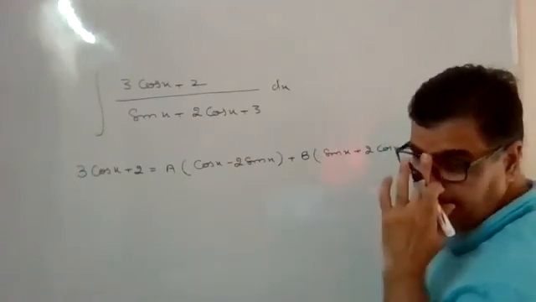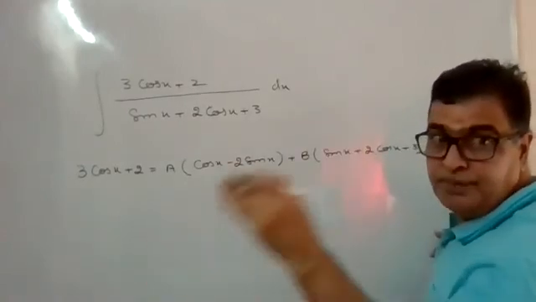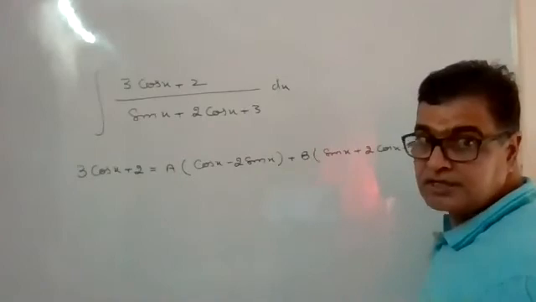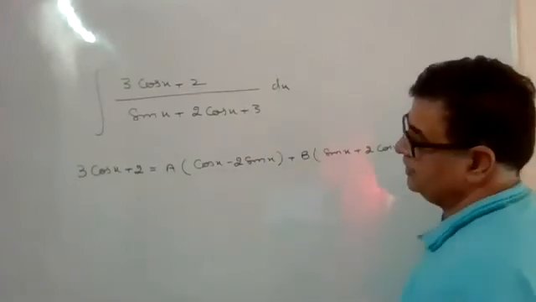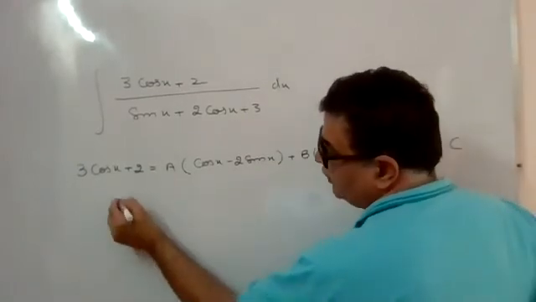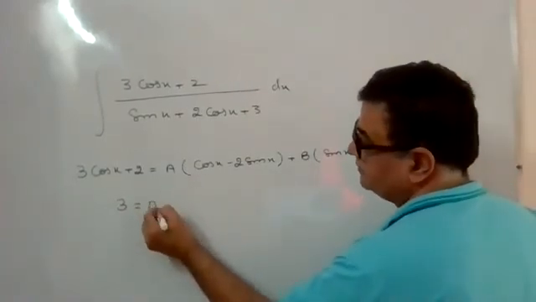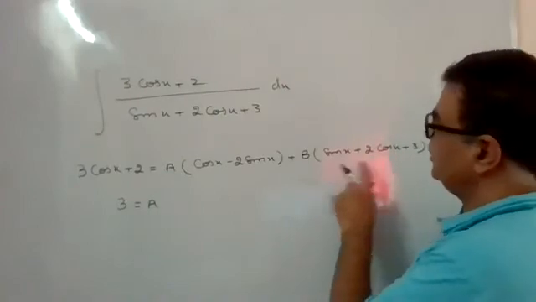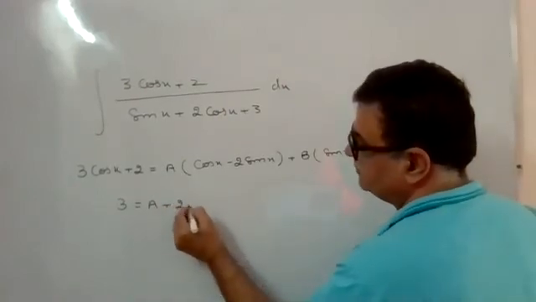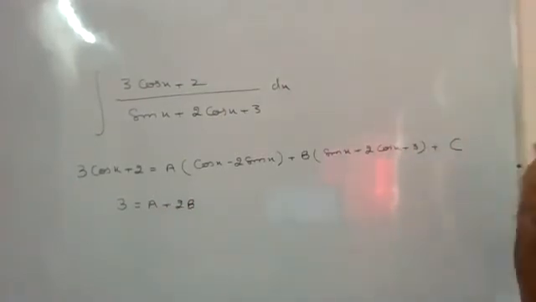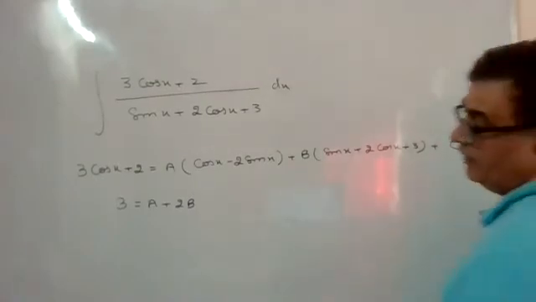And now we do the comparison. Sin compare with sin, cos compare with cos, constant compare with constant. Cos, if you compare, it is 3. This is A, this will be plus 2b. Second one, sin.